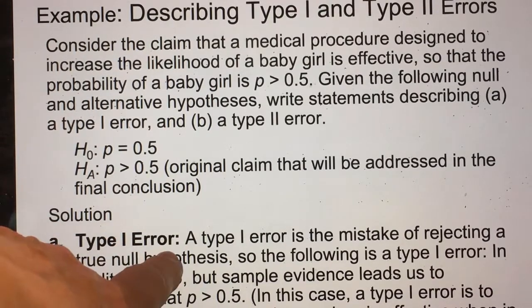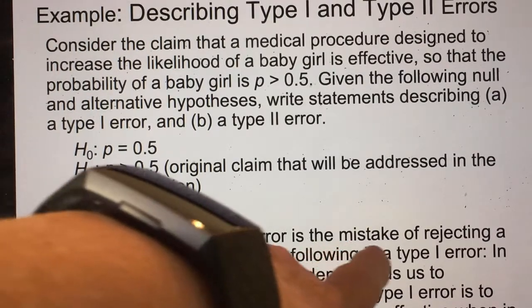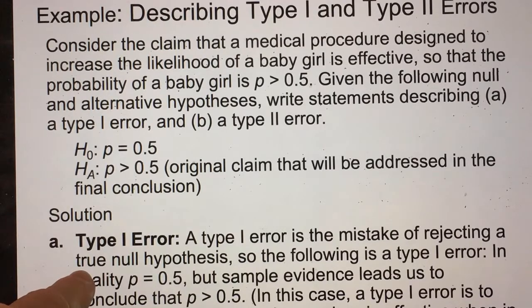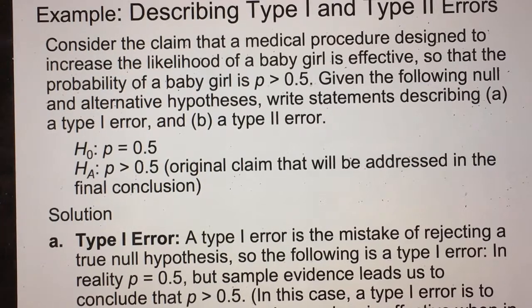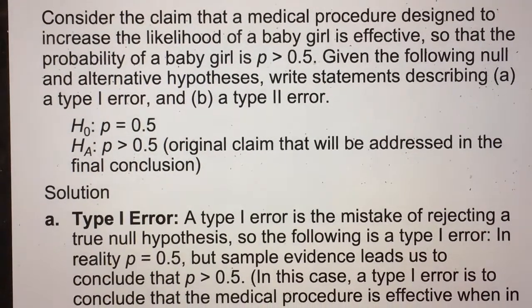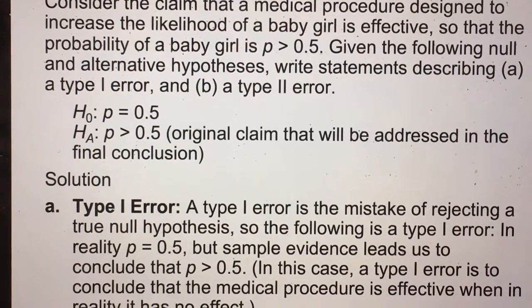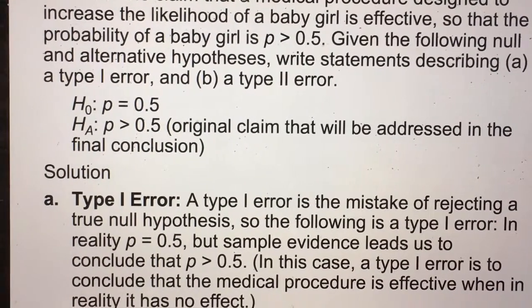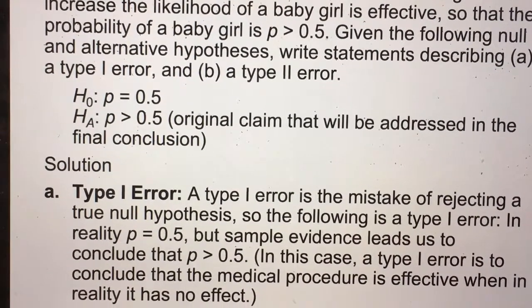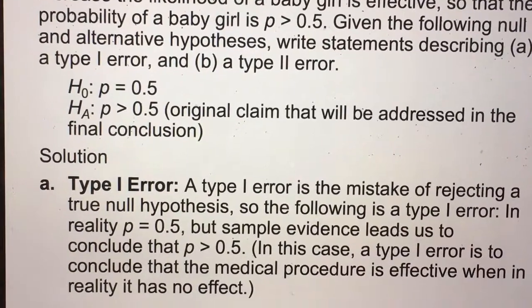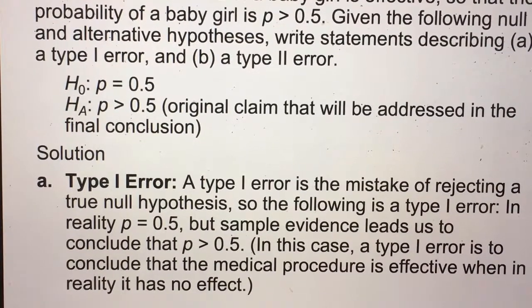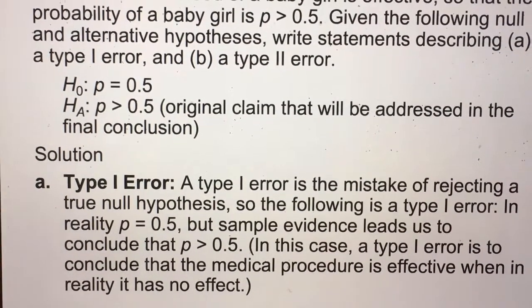A type 1 error is the mistake of rejecting a true null hypothesis. So the following is a type 1 error. In reality, P equals 0.5, but sample evidence leads us to conclude that P is greater than 0.5. In this case, a type 1 error is to conclude that the medical procedure is effective when in reality it had no effect.